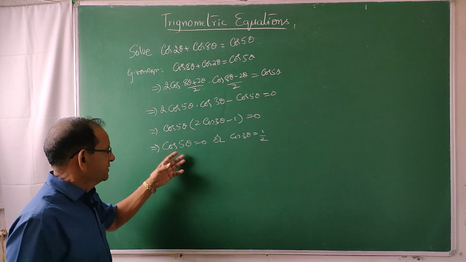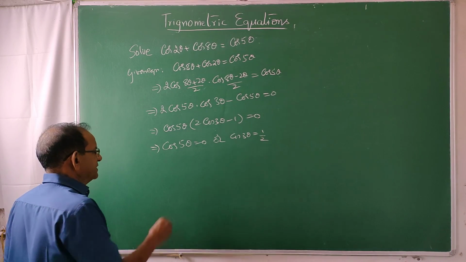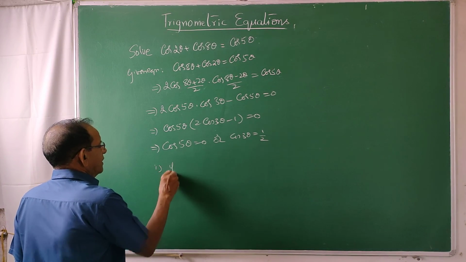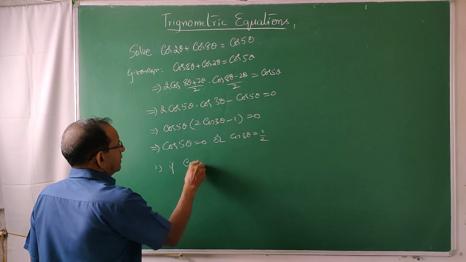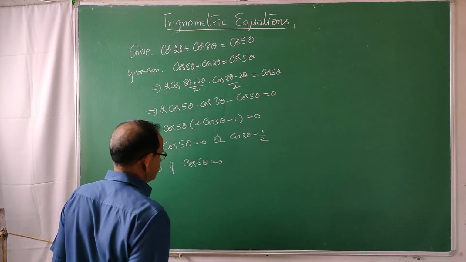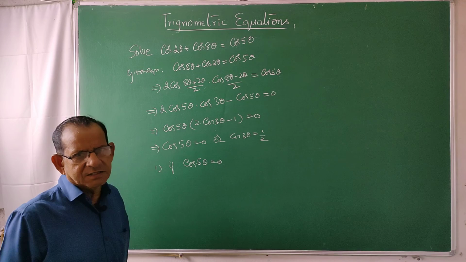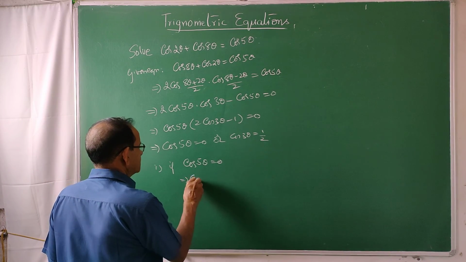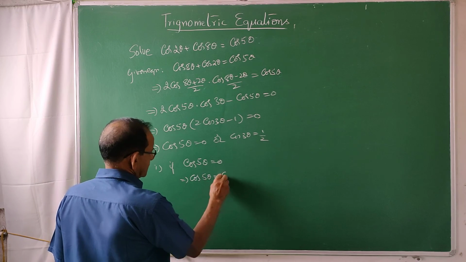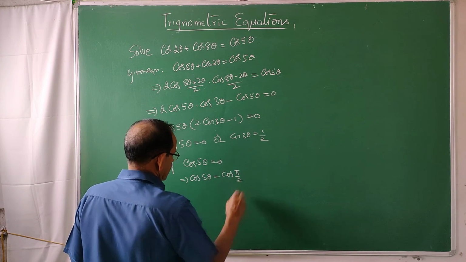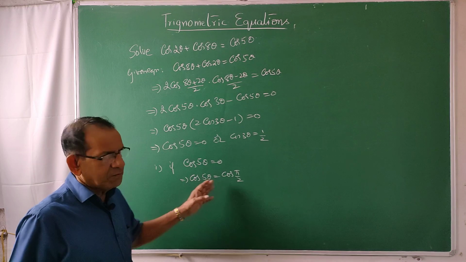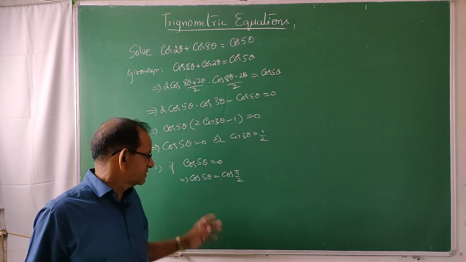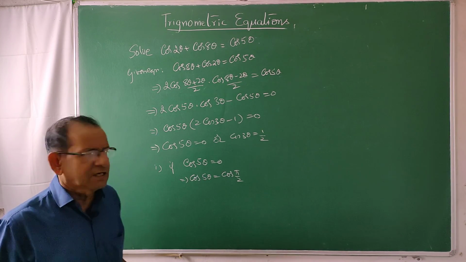Now let us take the first case. If cos 5 theta is equal to 0, what is the principal value for 0 in case of cos? Cos 90. So that implies cos 5 theta is equal to cos pi by 2. Now it is in the form of cos theta is equal to cos alpha. So theta is equal to 2n pi plus or minus alpha.